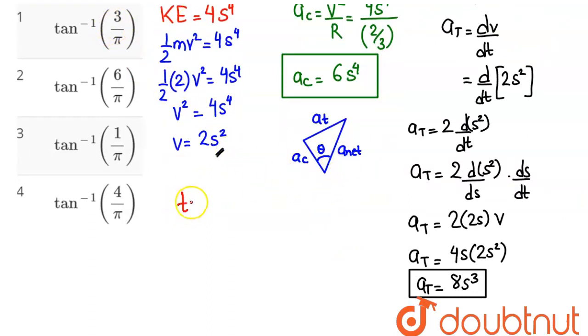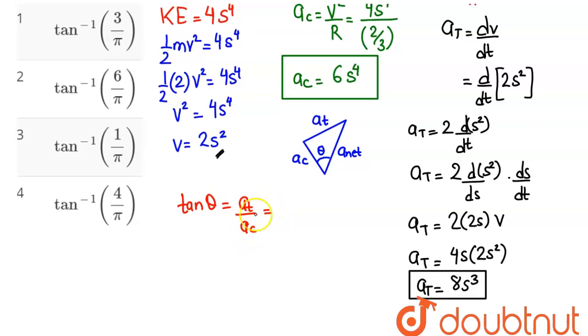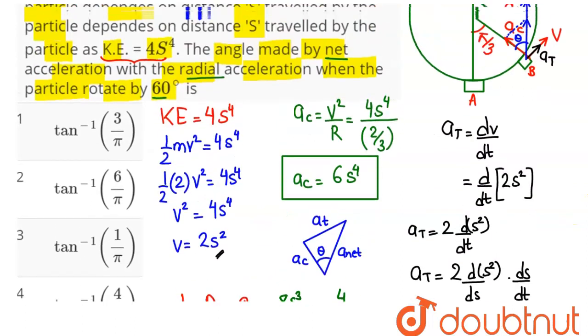So tan theta can be written as AT divided by AC. Now tan theta is AT by AC, where the value of AT, as calculated here, is 8s cube, divided by the value of AC, which is 6s to the power 4. So this comes as 4 divided by 3s, where s is the distance traveled.